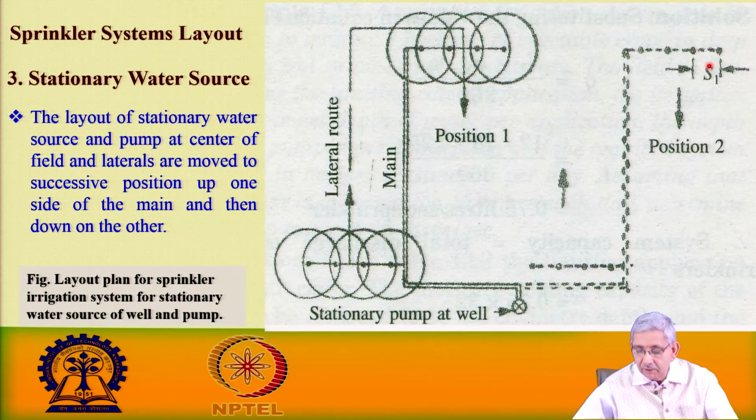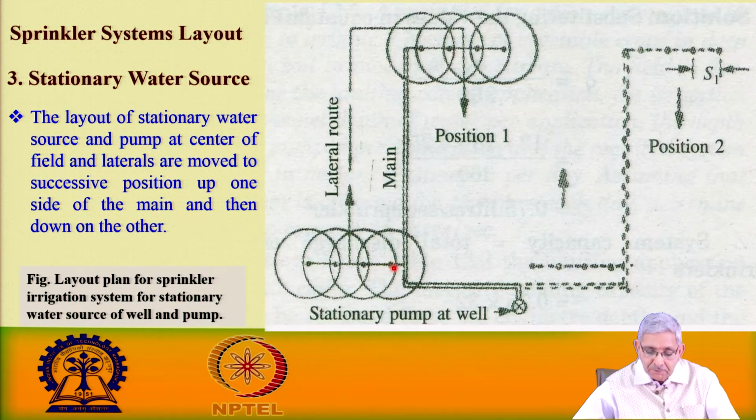This is our field, and in the field there is a well at the center, and then the pump will be attached here and the laterals are moved successively in the direction. This is our main pipeline, and the lateral is attached.